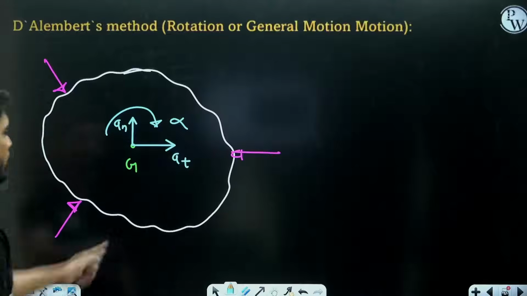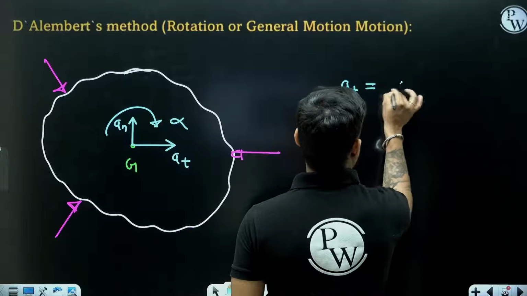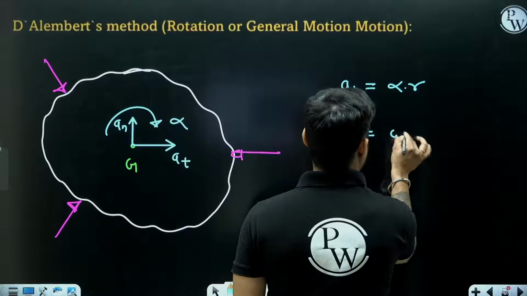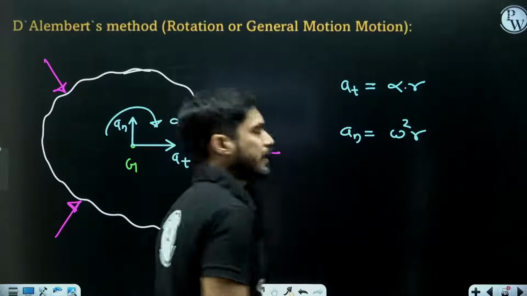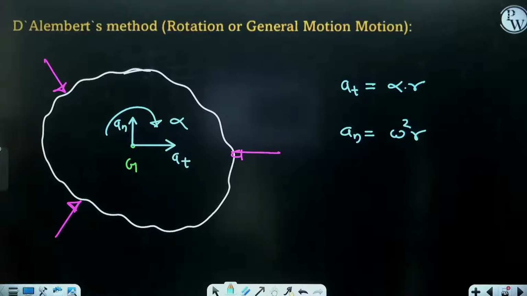What is AT and AN? Alpha is the angular acceleration, right? Tangential acceleration is alpha into r and normal acceleration is omega square into r. I hope you guys remember, we have studied this in kinematics of rigid bodies.